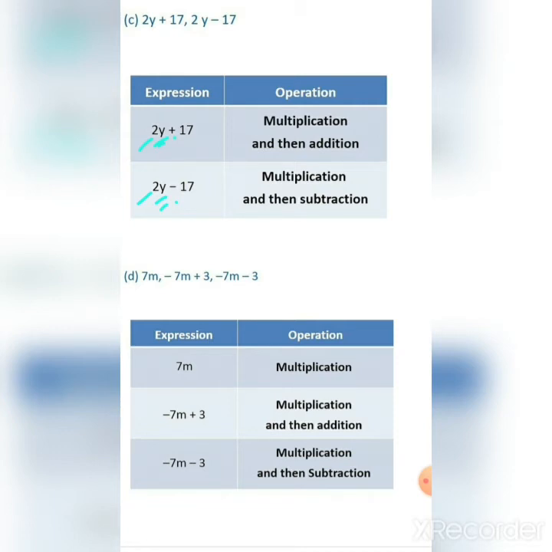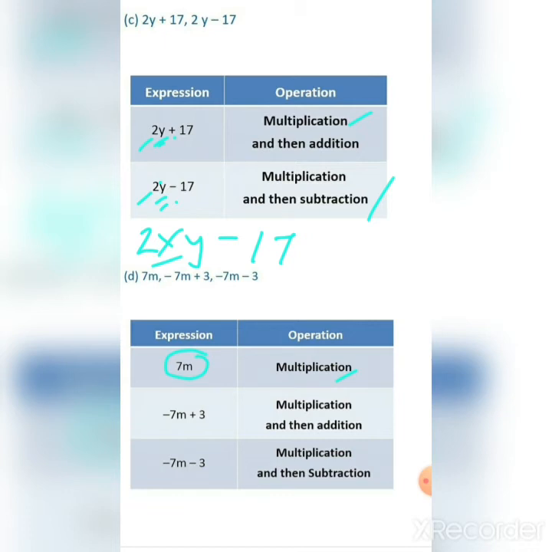It is joined by the multiplication operator, because if it is not showing any sign in between, it is 2 into y then plus 17 or minus 17. So it is multiplication and then addition, or multiplication and then subtraction. Understood? Next is 7m, again with no operator sign, so it is multiplication.